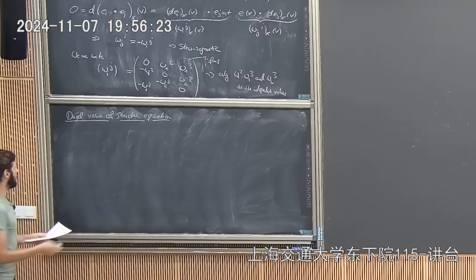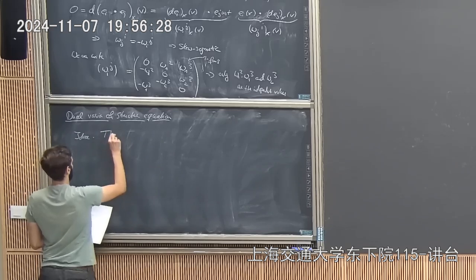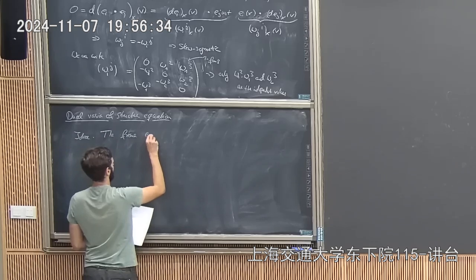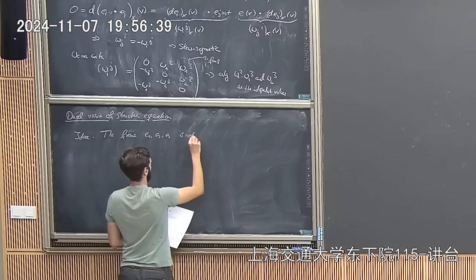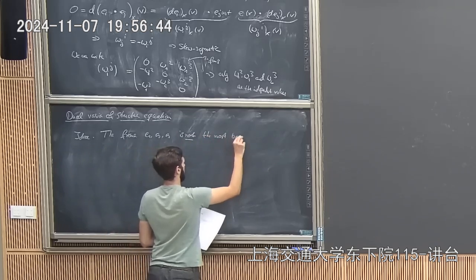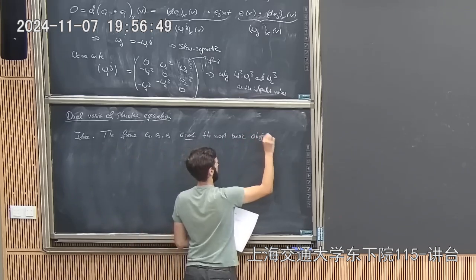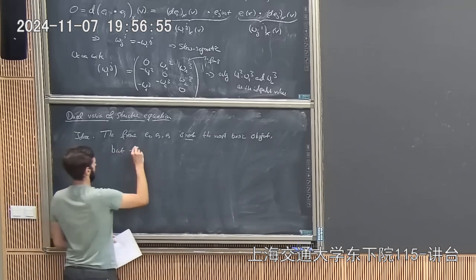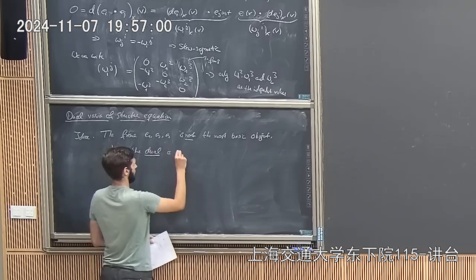And the insight or the idea is that the frame here, E1, E2, and E3, is not the most basic object, but the dual is more interesting.